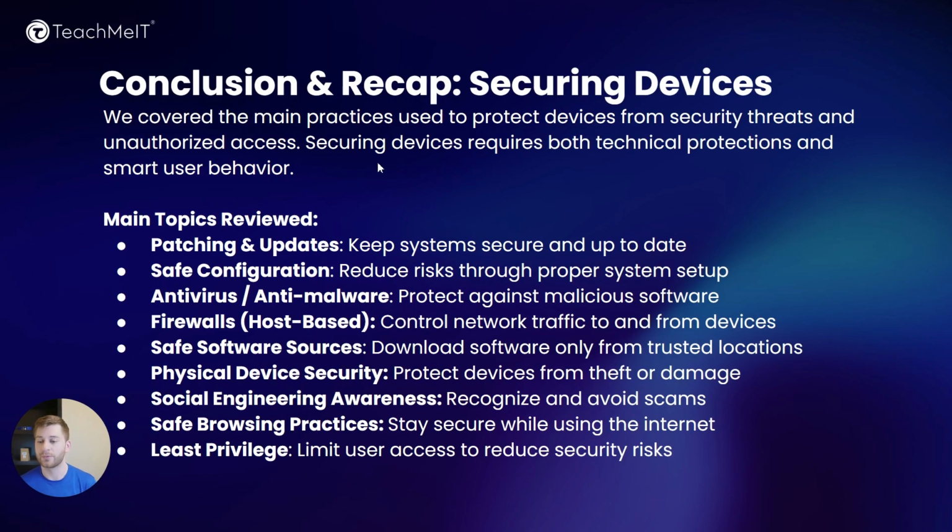So let's conclude this one. We covered all of the main practices used to protect devices from security threats and unauthorized access, and we talked about some good best practices that you can implement in order to ensure that your cybersecurity in your organization works.